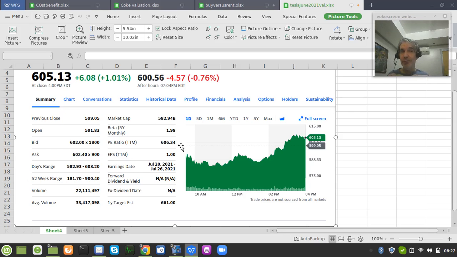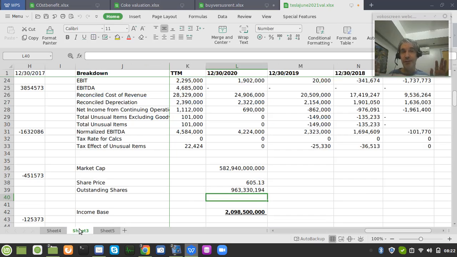So the only way that you can justify a PE ratio being greater than 40 is if you have significant growth. And in the case of Tesla, you can argue that there is significant growth and likely that growth will continue. So the PE ratio being above 40 is only justified when you're projecting future growth.